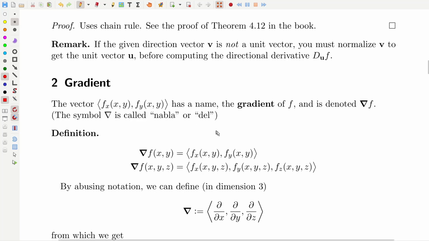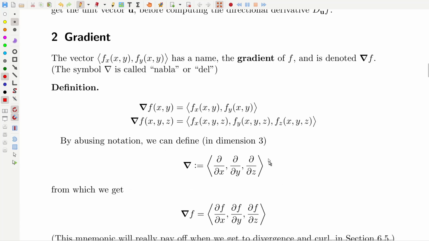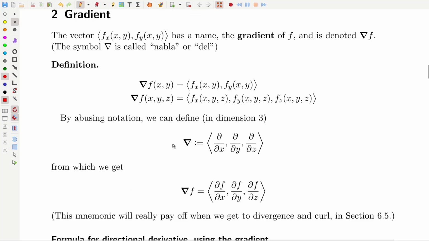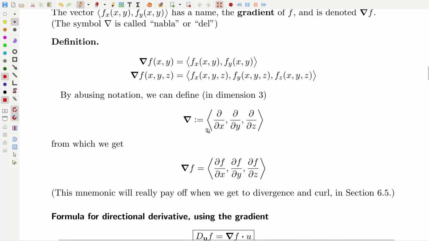Okay, and well, this is the definition if you have a function of 2 variables. If you have a function of 3 variables, you can see the pattern. And what will be useful for later on is actually if we can think of this symbol, this nabla, as being a vector of partial derivative operations.